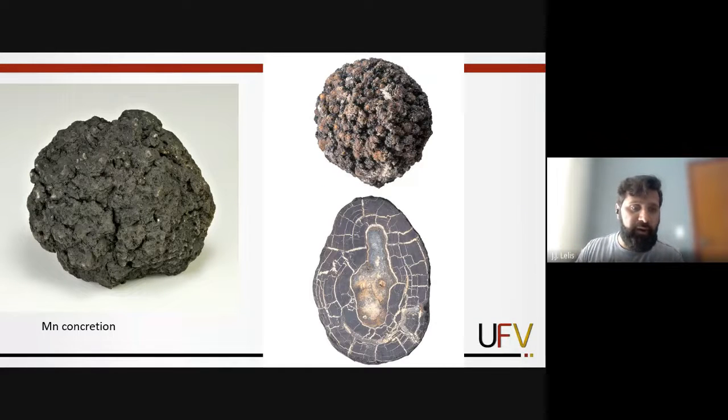We have here a manganese concretion. In general, manganese concretions are very dark, okay? And they have an internal pattern because it's a concretion, it's not a nodule. So I can see some layers here inside the material.